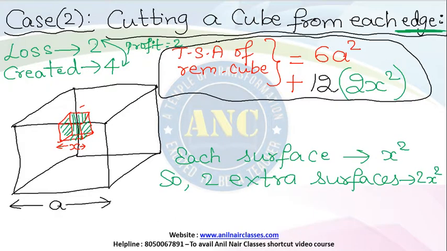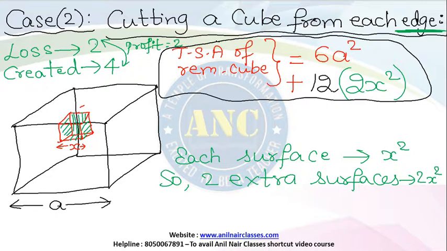Case number 2 is cutting a cube from each of the 12 edges. In one edge, first of all I am losing two surfaces, and 4 more are created. So compared to the loss I am having 2 extra. 4 minus 2, the difference is 2, that means the profit is 2. For one surface the area is x square.